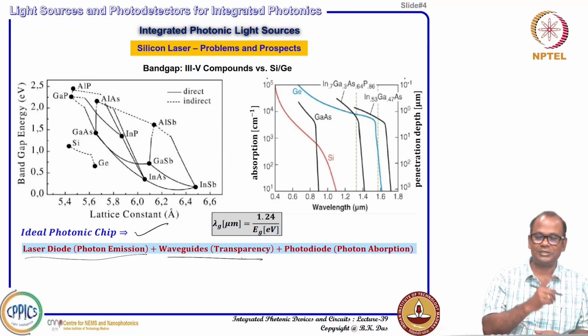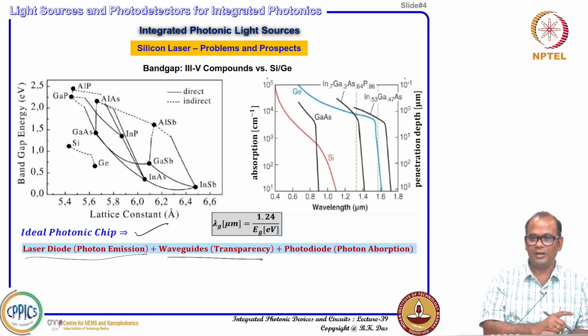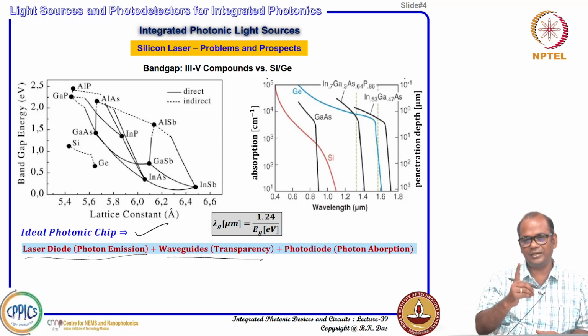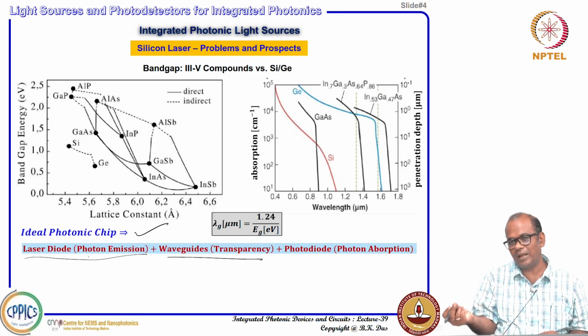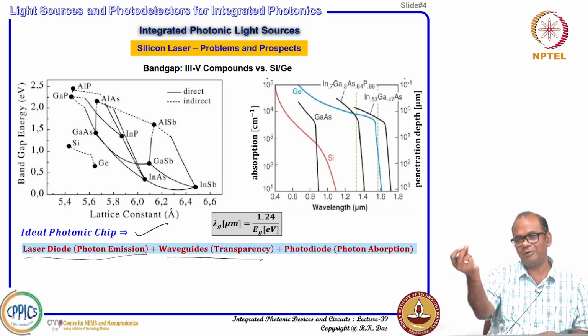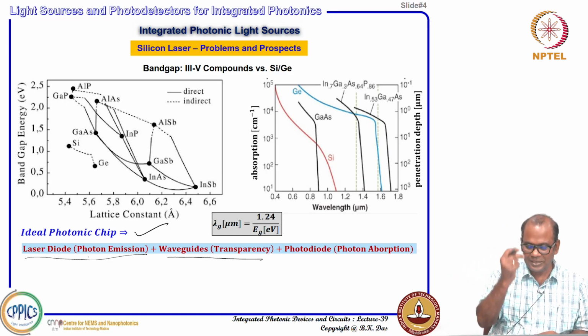If you choose a certain band gap where electron and hole recombine and give you photon emission, the same photon can get absorbed in the same material in a reverse process. So, electron hole recombines and gives you a photon, and that photon while traveling can give up energy to another electron from the valence band, and that electron can go to the conduction band again. So, this is actually contradicting.